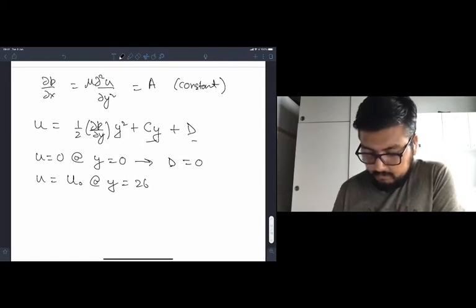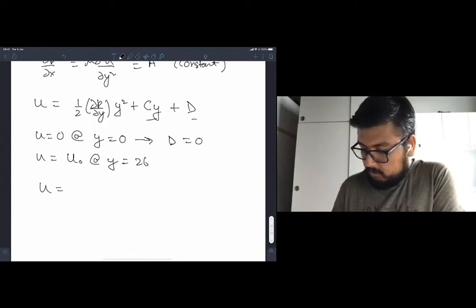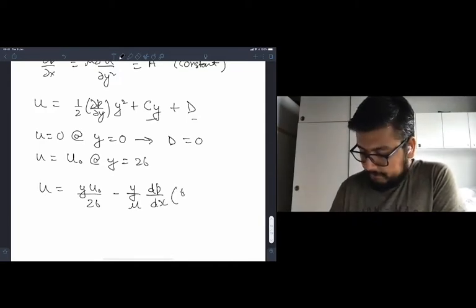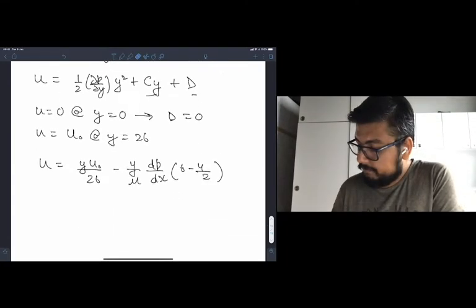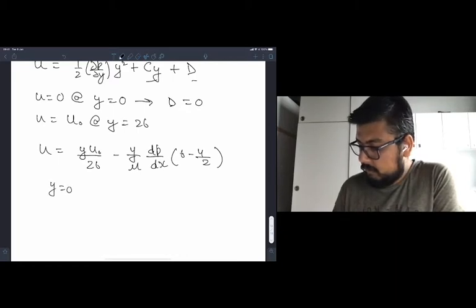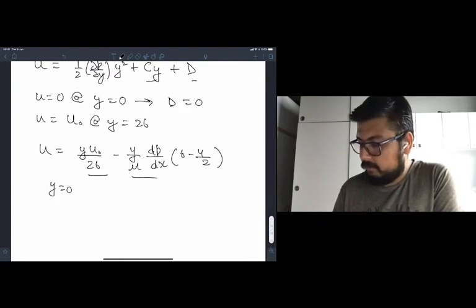And if we plug that in, then we ultimately get the expression that u is equal to y u naught by 2b minus y by mu dp by dx b minus y by 2. And you can check, if I plug in y equal to 0, then this term vanishes, this term vanishes, and then I get a velocity which is 0.